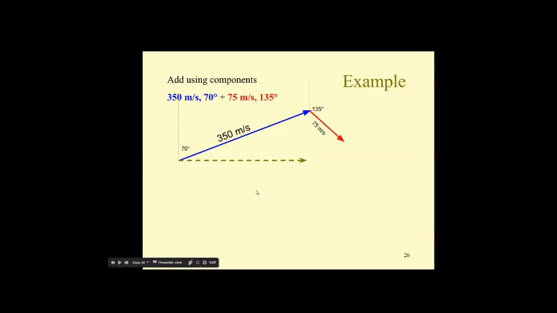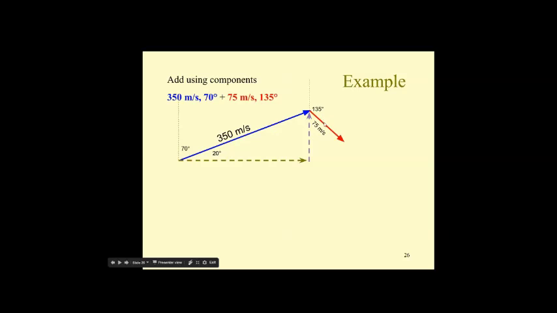Then I am going to resolve these into components. There's my x component on my first one, and then my y component on my first one. Because that's a 90-degree angle, I figured the 20-degree angle on the inside of the triangle. Remember, you have to have the angle on the inside of the triangle in order to calculate the components.